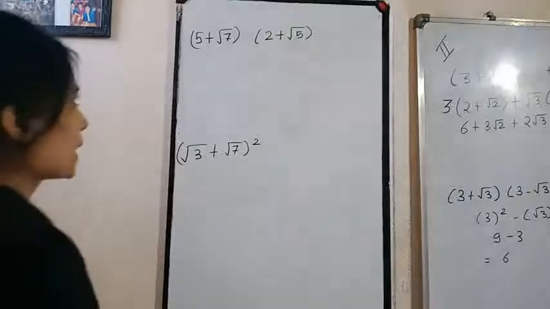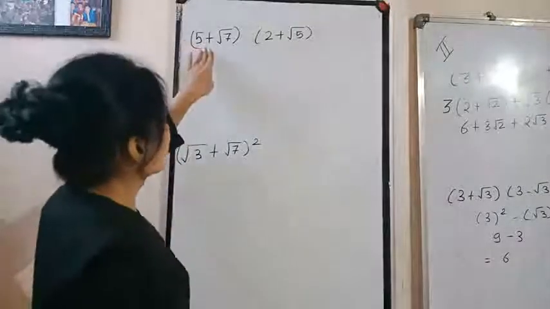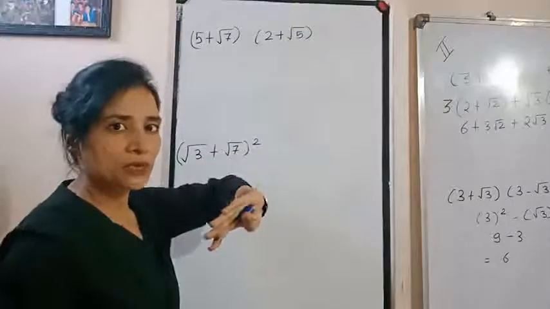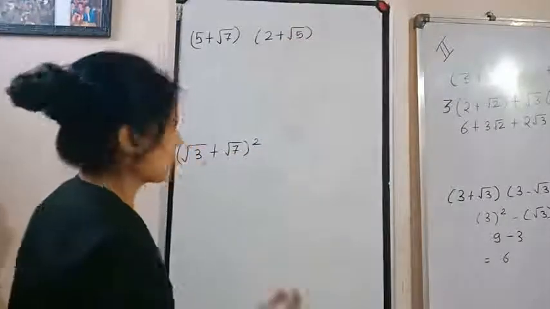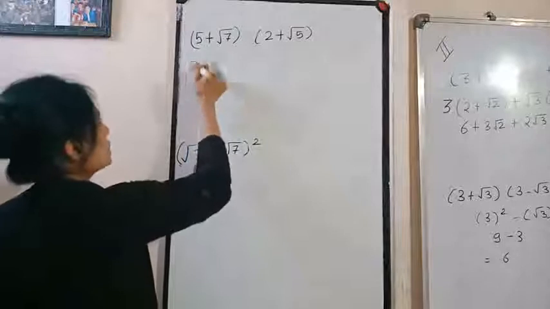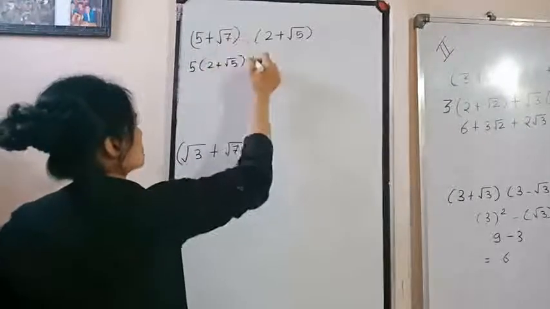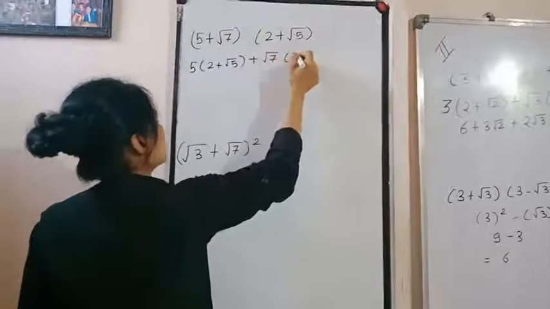Now in the same category, here you see that these two brackets I have to multiply. Here no identity is working, so I'll have to do simple multiplication. So 5, then the second bracket, plus under root 7, then the second bracket.